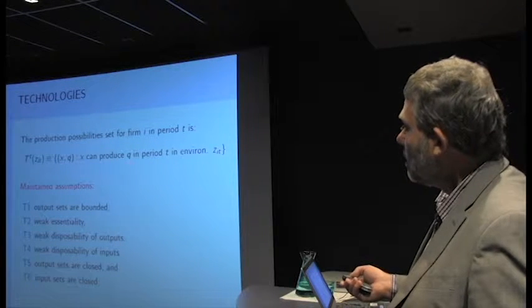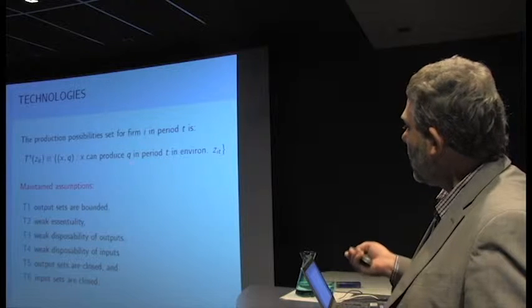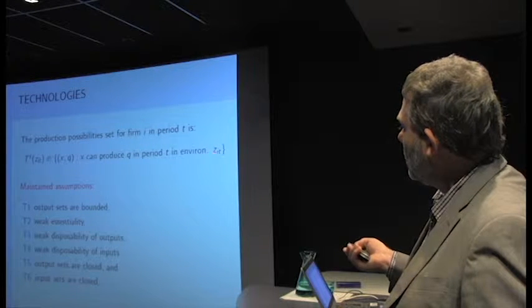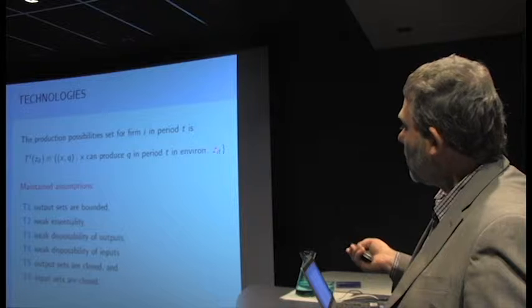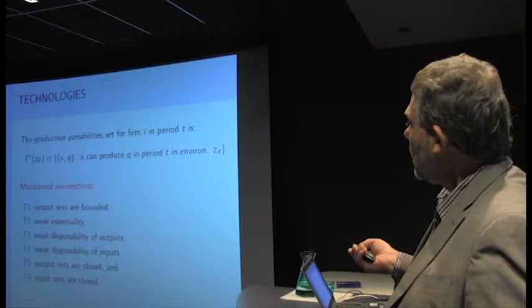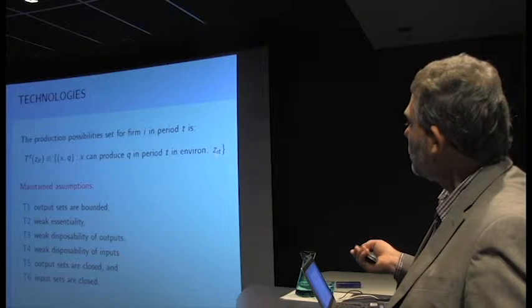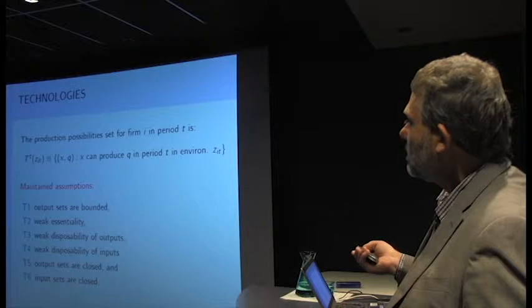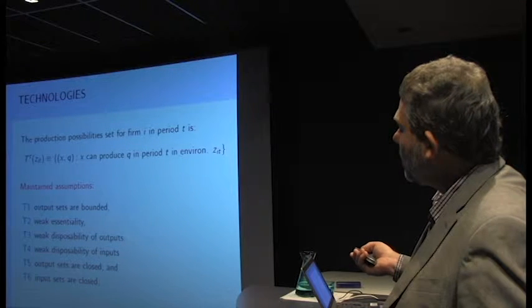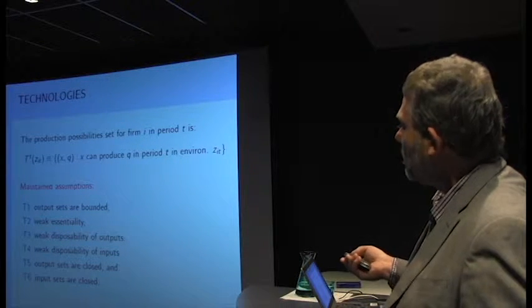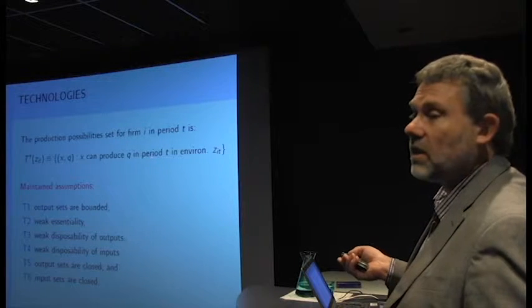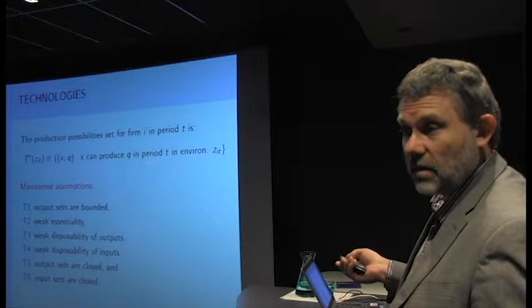Could be a whole heap of those, and Z is a vector of environmental variables characterising the environment in which firm i operates in period t. And I say period t, I could say the technologies available in period t, same thing.